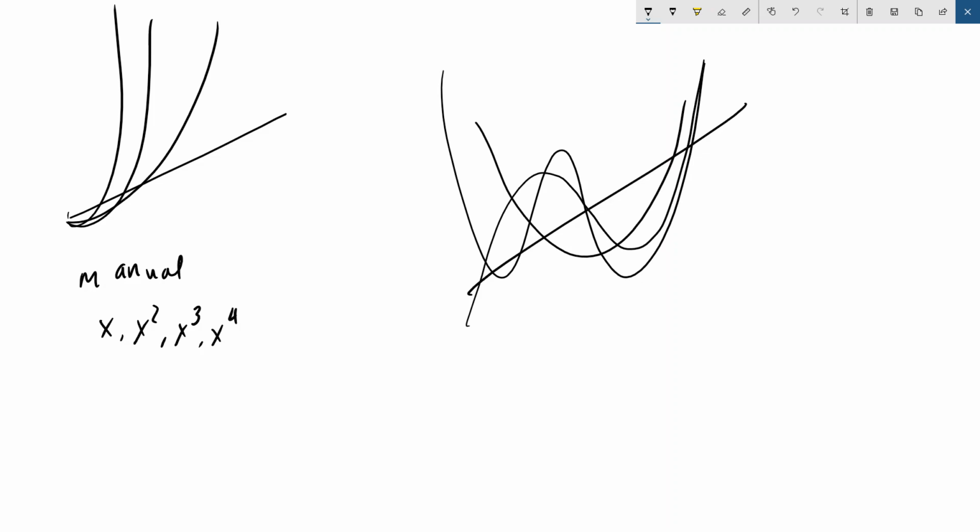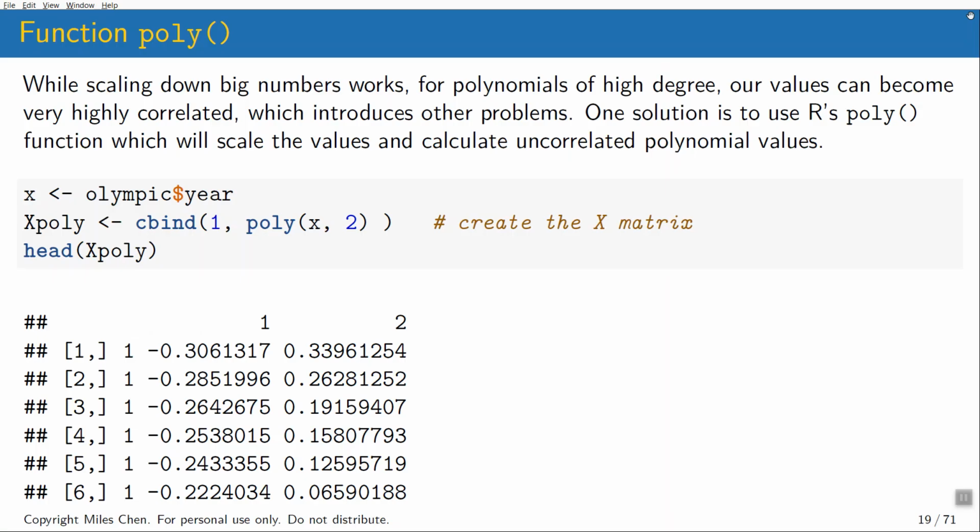So that we can't say large values of x are associated with large or small values of the second order or the third order or the fourth order polynomial, okay? So it decorrelates them. It still maintains, however, whether there is a relationship with the linear, the quadratic, cubic, or fourth order polynomial.